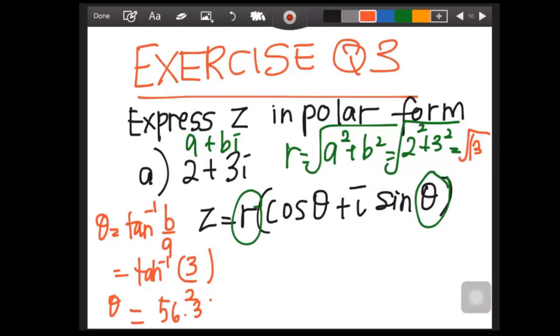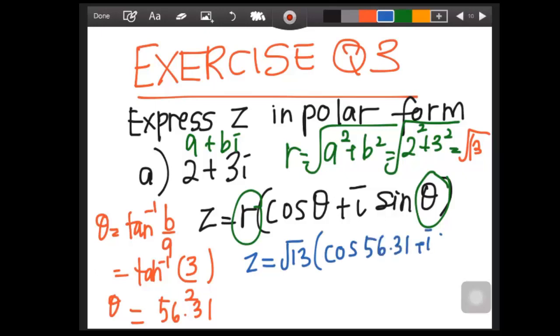Okay, so kita masukkanlah. So, the new Z kita yang dalam bentuk polar form is square root 13 cos 56.31 tambah dengan i sin 56.31. Okay. So itu cara dia lah.